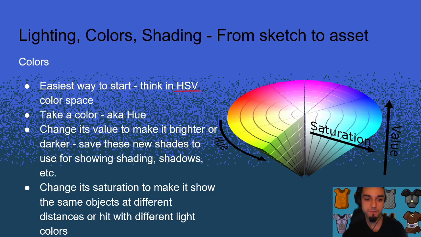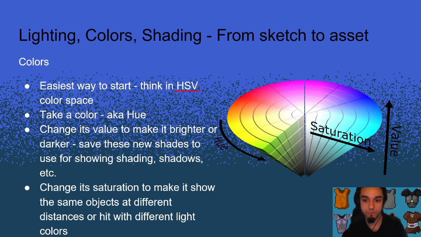HSV stands for hue, saturation, and value. The hue is more or less the color. The value is how close the color is to becoming black or to becoming pure white. And the saturation is how much the color is saturated, how bright it is or how washed out it is, to put it in easier terms.